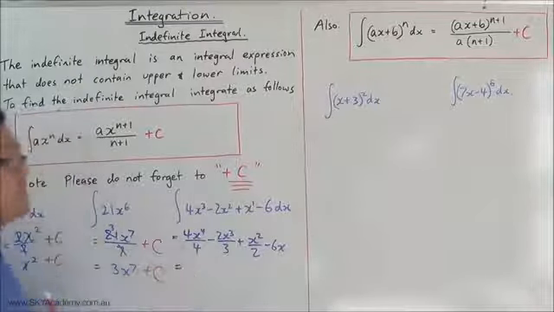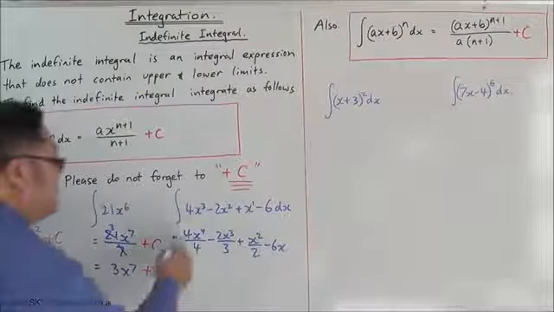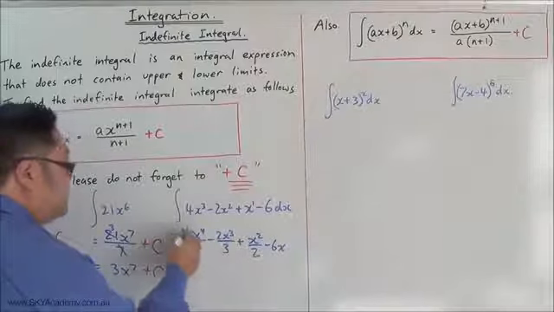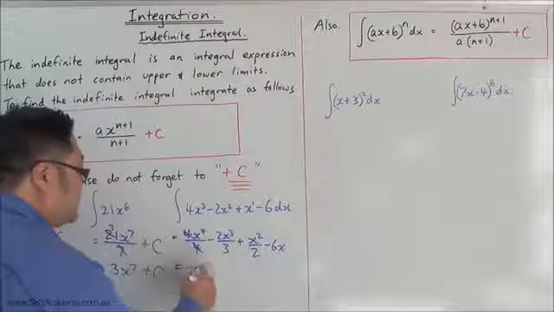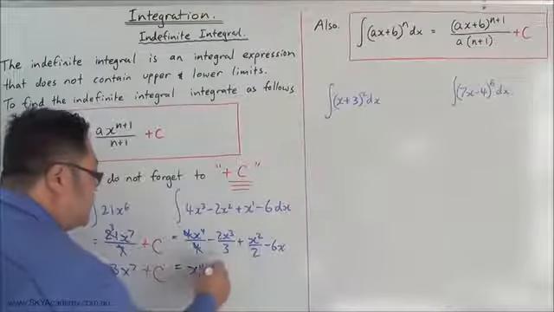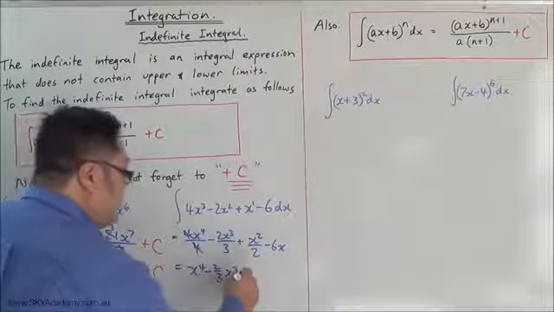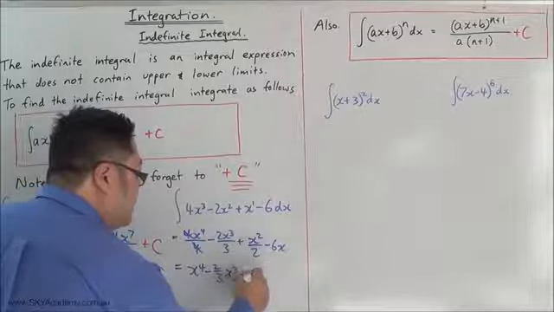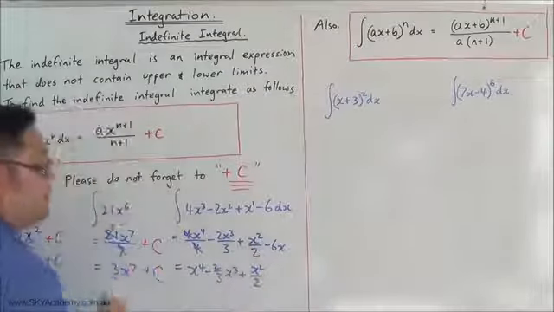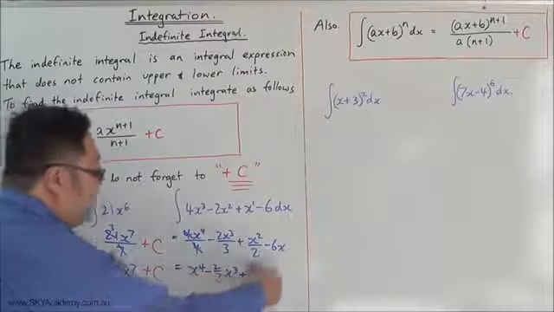Let's simplify this expression, alright? So 4 cancels with 4, so it becomes x to the power of 4 minus 2/3 x to the power of 3 plus x squared on 2, or you can write another way. Let's be consistent with what we've got here.